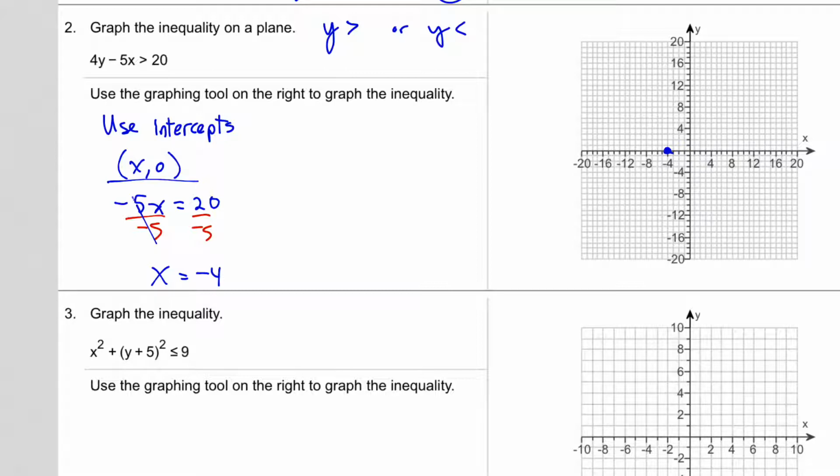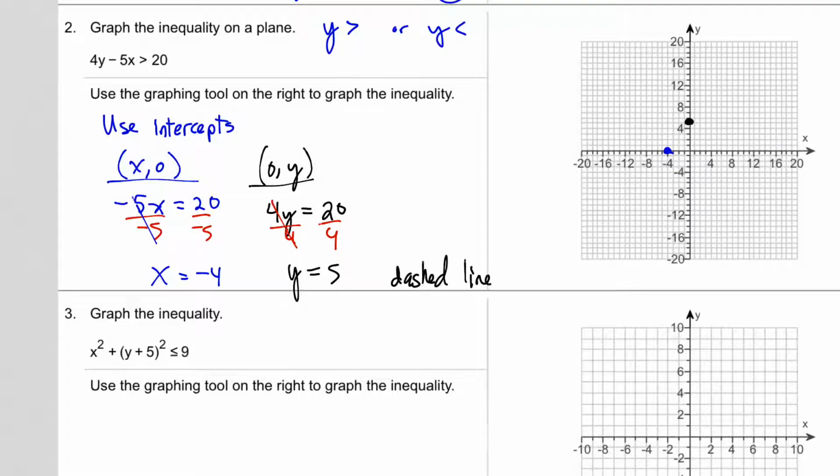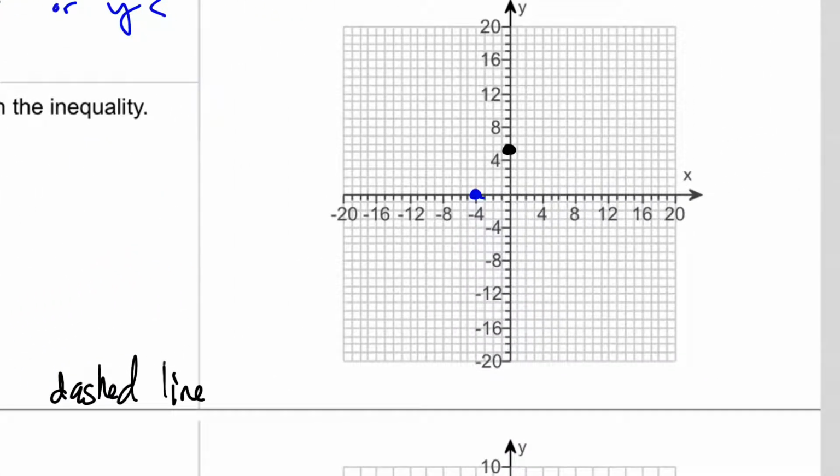And then we're going to find the y-intercept. That's when x is 0. That's going to make the x term disappear, leaving you with 4y equals 20. So divide by 4. y is going to equal 5. Now we also know that it is dashed, so we're going to go ahead and dash this line.